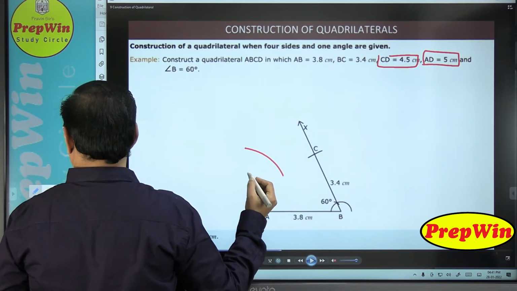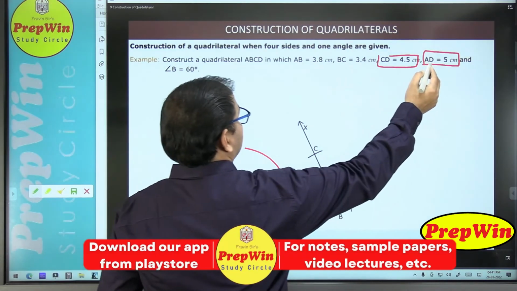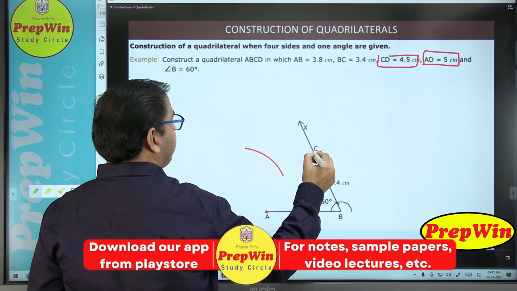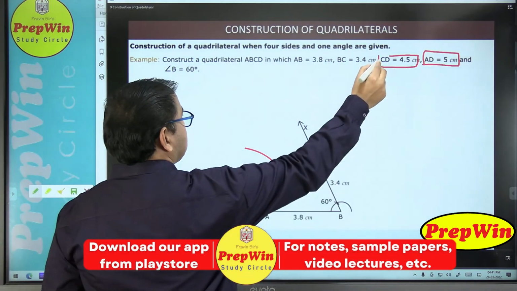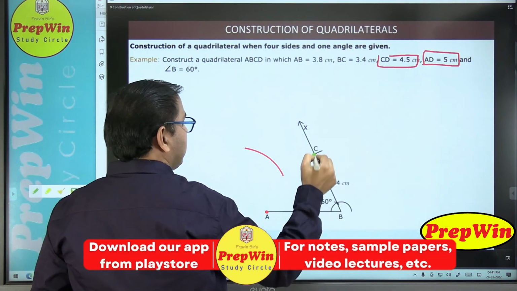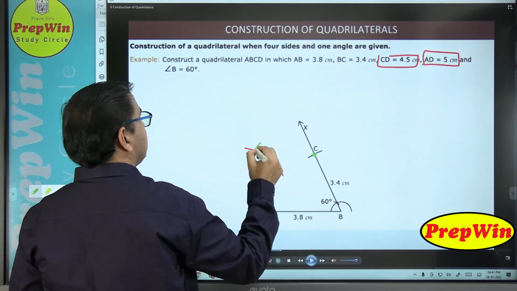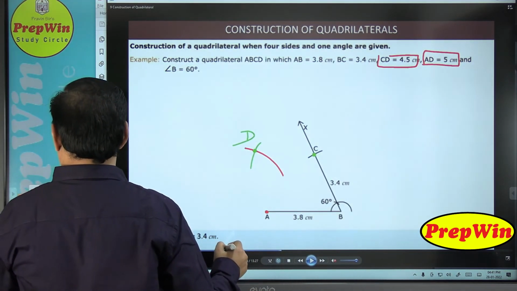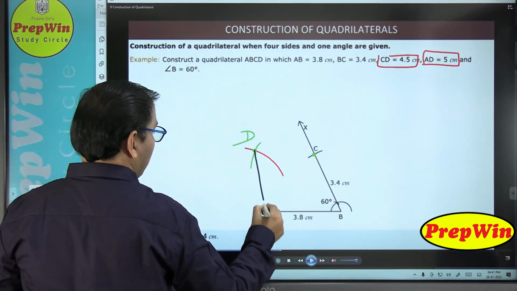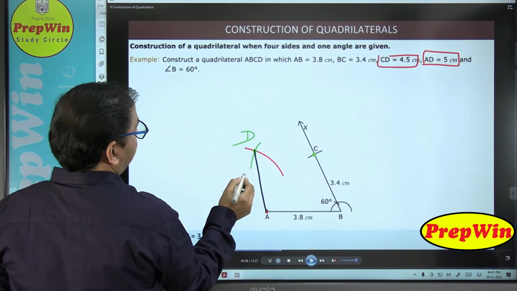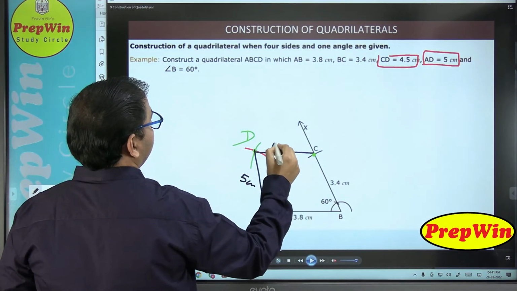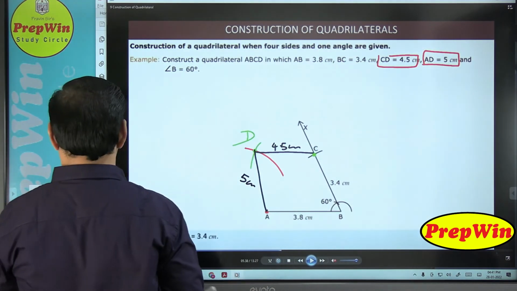Then CD is 4.5. You will take 4.5 centimeter on your compass, pointer on C. Be sensible about placing the pointer, and you will cut this arc. This will be your point D.